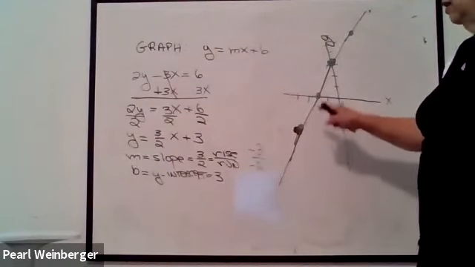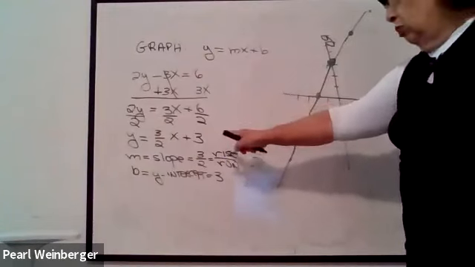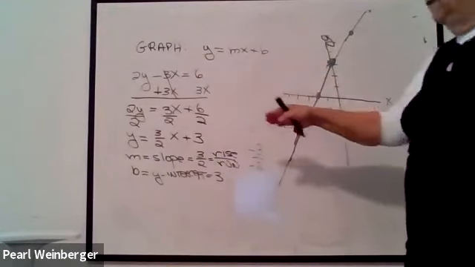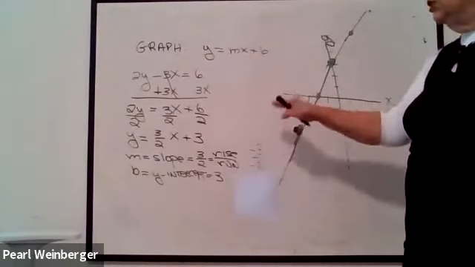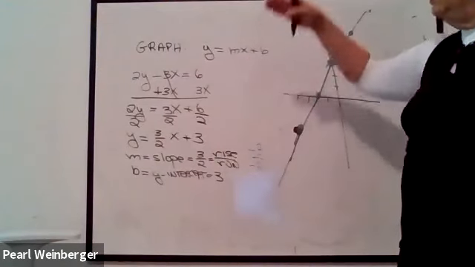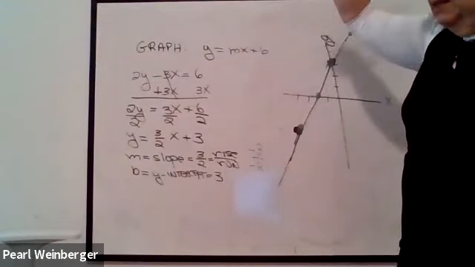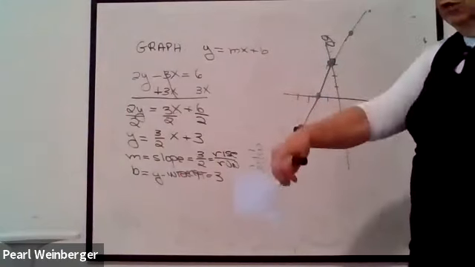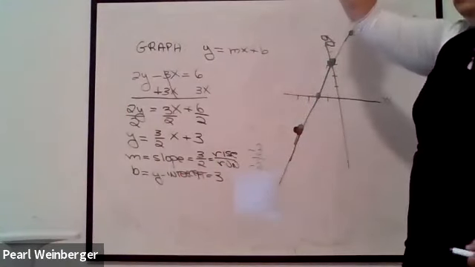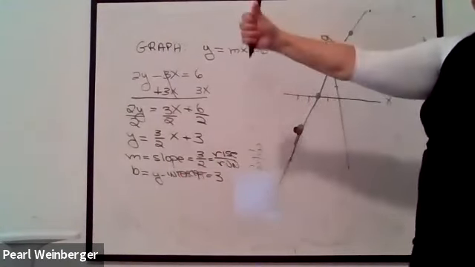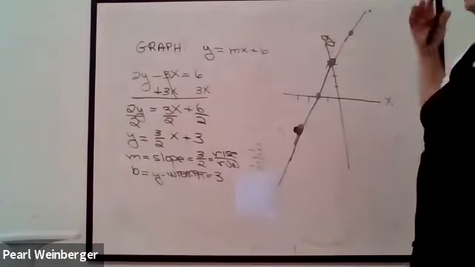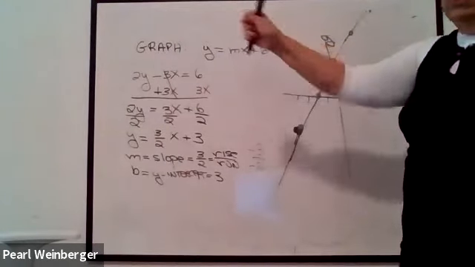Don't forget that it's rise over run. And if there's a negative in front of the fraction, you put the negative on the top, and it means that you're rising negatively. A negative rise would be going down, a positive rise is going up. A positive run is going to the right, a negative run is going to the left.